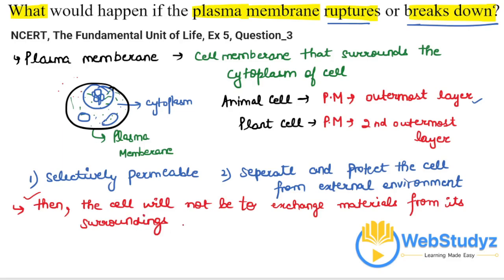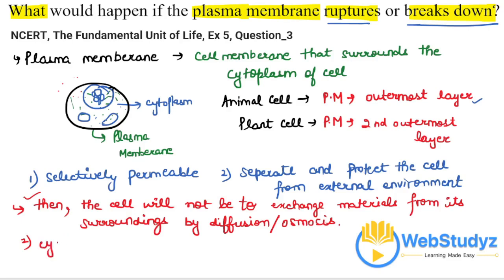Secondly, we know that the common method by which the cell exchanges materials is either diffusion or osmosis. Secondly, what will happen?